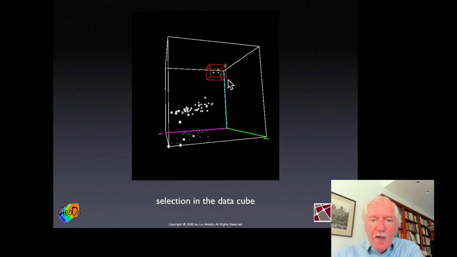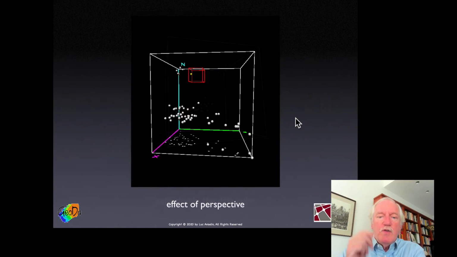Now here we're looking at this from a different perspective, and when you look at this box, it looks like it's selecting all these points in 3 dimensions, but only one of them is yellow. And in GeoDa, the selected points, the default is that they turn yellow. So you might think that you have it, but in fact you don't. And you can see this very clearly when you rotate the cube. Then you see, hey, I'm way away from these points. But because I was looking from this direction, it looked like they were all in the box. And in fact, they were not.